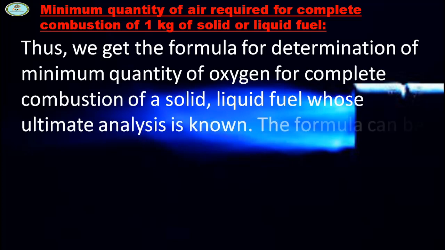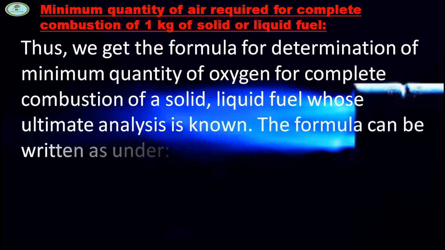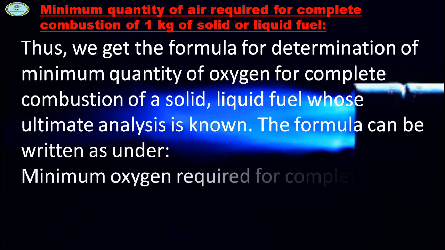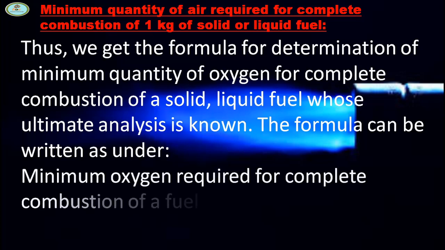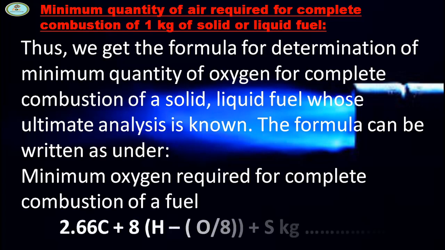The formula can be written as under: minimum oxygen required for complete combustion of a fuel is 2.67 C plus 8 into (H minus O by 8) plus S kg. This is equation 1.